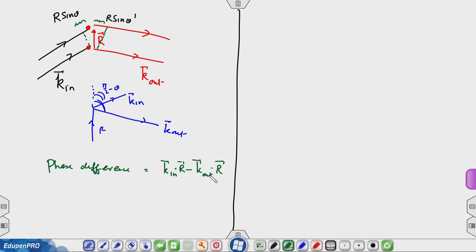This minus sign comes because of this angle being greater than pi by 2, although it appears that the two distances are adding. This may be a little confusing, so I am going to give a slightly different picture today, so that this is very clear. So, this is k in, and from lower side to the upper side is r, and I am going to make k out so that that angle remains smaller than pi by 2.